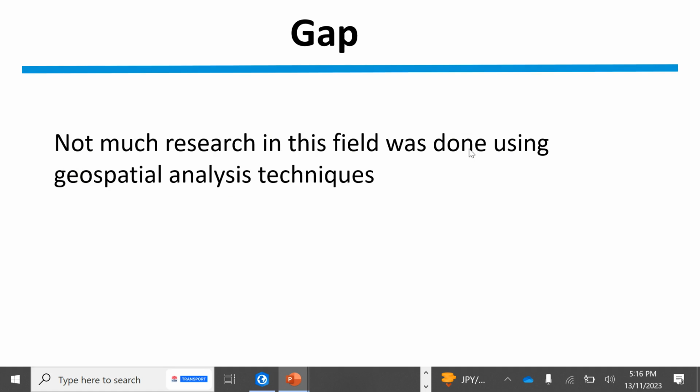In terms of the gap, not much research in this field was done using geospatial analysis techniques. This is where we came together to see how we can do better things beyond just looking at regular statistics, some of which I also report now.